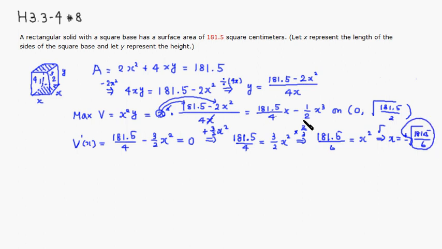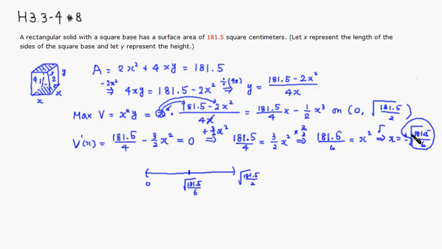Let's make sure that we'll actually get the maximum there. Just looking at a number line, starting from 0 and ending at the square root of 181.5 over 2, the critical number is the square root of 181.5 over 6.